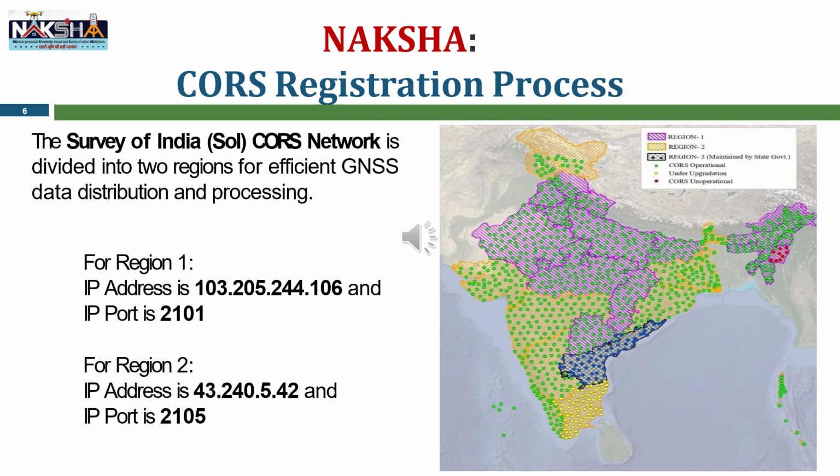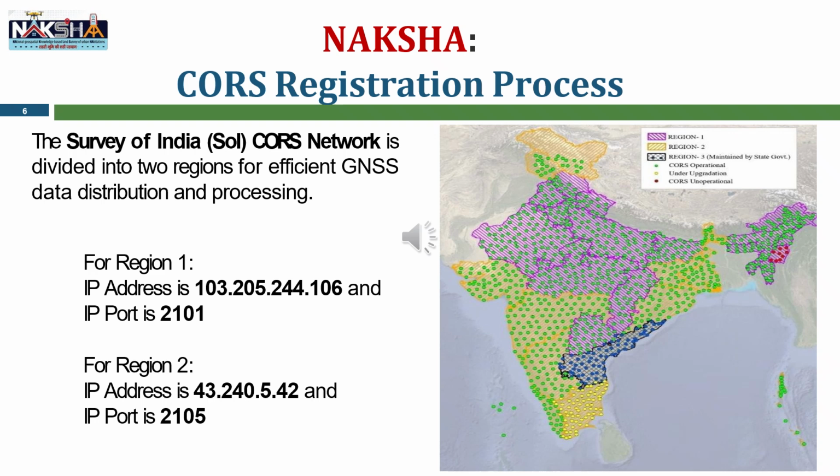Region 2, shown in hatched pattern, covers southern and eastern India. Additionally, Region 3 stations are maintained by state governments. The green dots on the map represent operational core stations, while orange dots indicate stations under upgradation, and black dots represent currently non-operational stations.